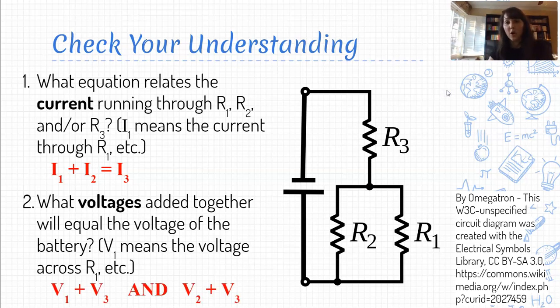One is to go through R1 and then R3. So that means the voltage across resistor 1 plus the voltage across resistor 3, that had better be equal to the voltage of my battery. But also, another complete pathway around the circuit is to go through R2 and then R3, which means that voltage 2 plus voltage 3 should also be equal to the voltage of the battery.